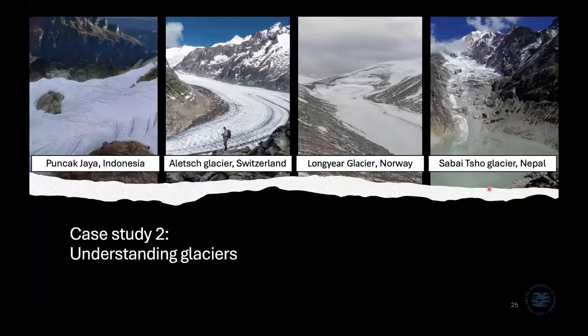Another case study that I wanted to mention is the glaciers, and this is work that I've done as part of my master thesis. I don't know how familiar you are with them, but right now, with the climate crisis, they're melting extremely fast.